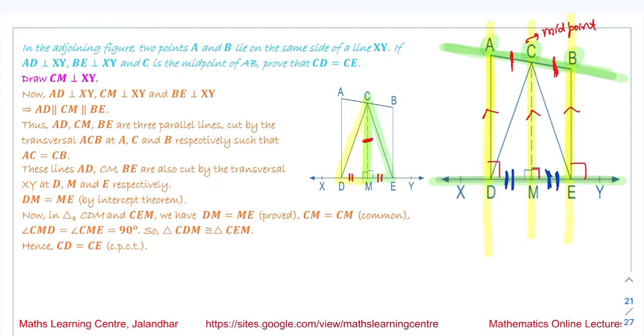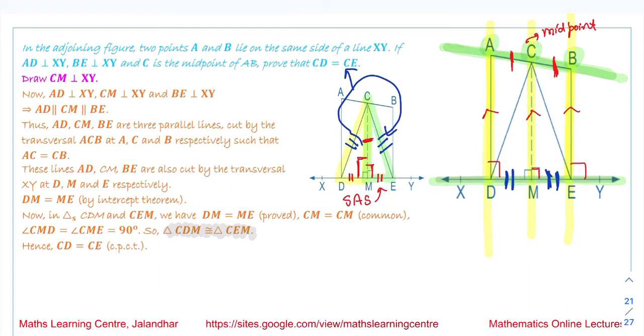This side CM is common, and this angle over here is 90 degrees, and this angle over here is 90 degrees. So by SAS axiom, these two triangles are congruent to each other. If these two triangles are congruent, what we get is that these two sides, CD and CE, are equal to each other, and this is what we have to prove.